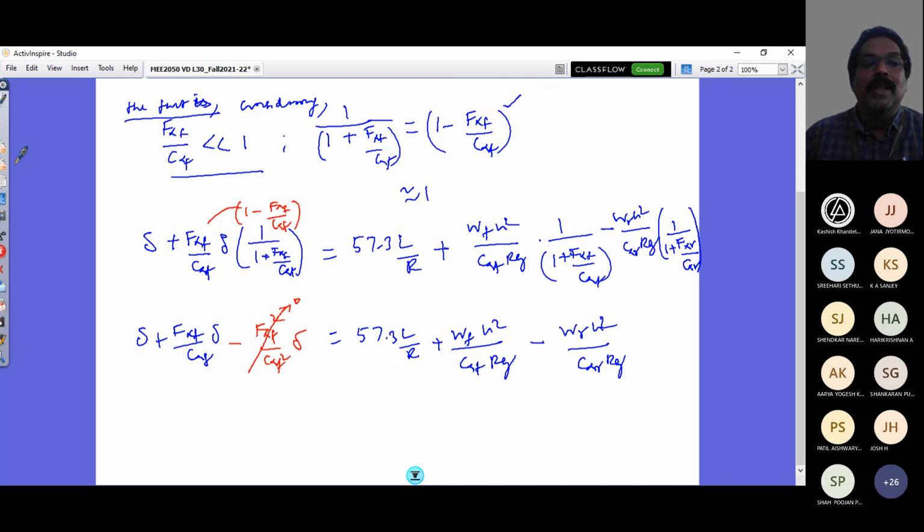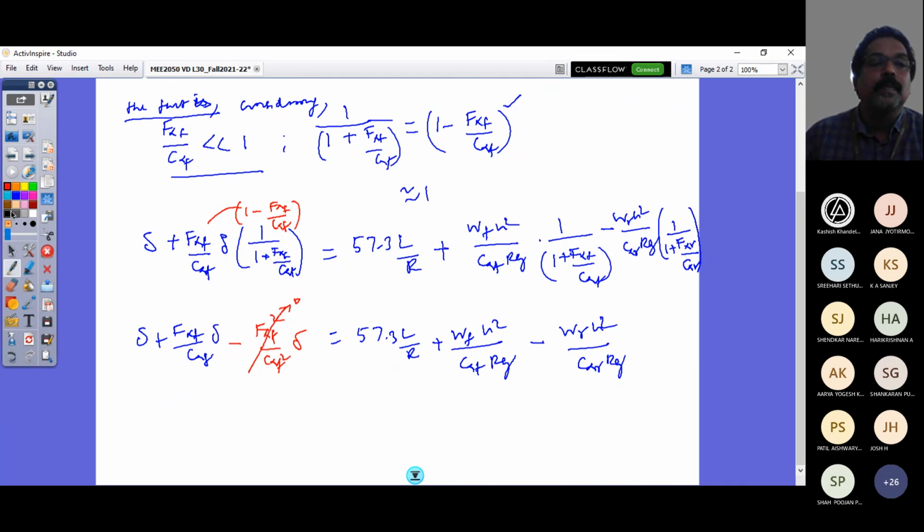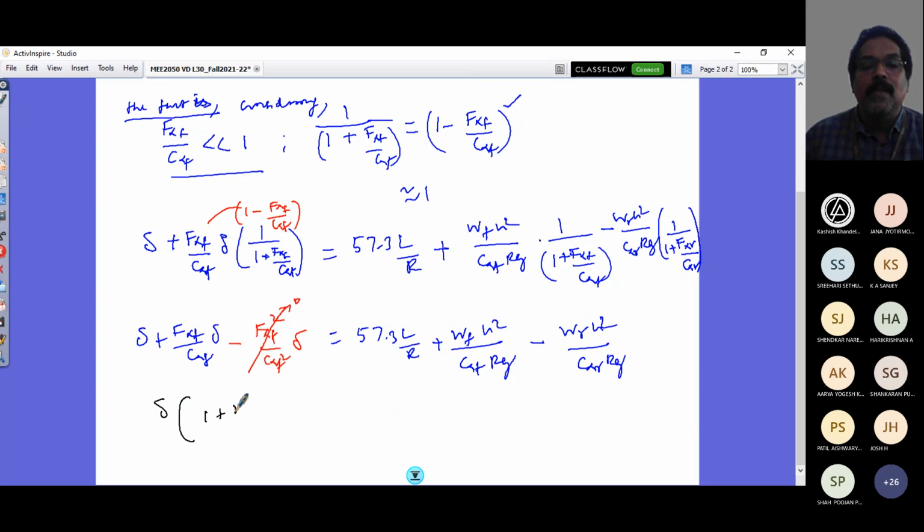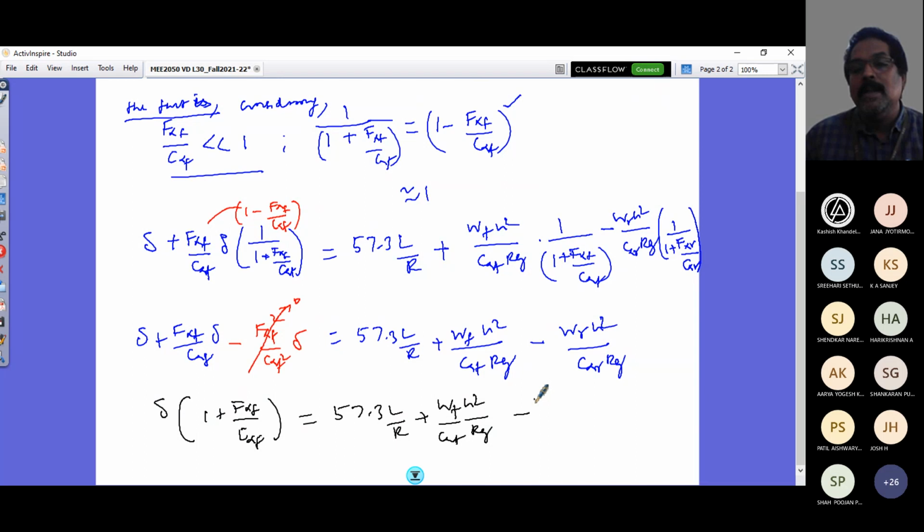Now I take this delta out, and inside it is 1 plus Fxf by C alpha F. That side it is 57.3 L by R plus WF U squared by C alpha F RG minus WR U squared by C alpha R RG.